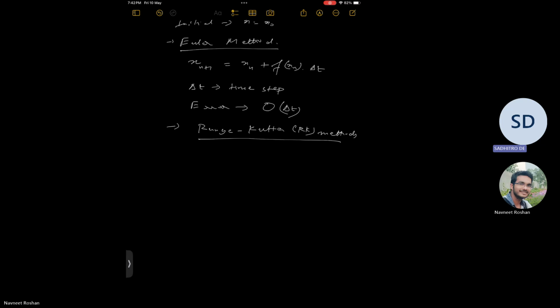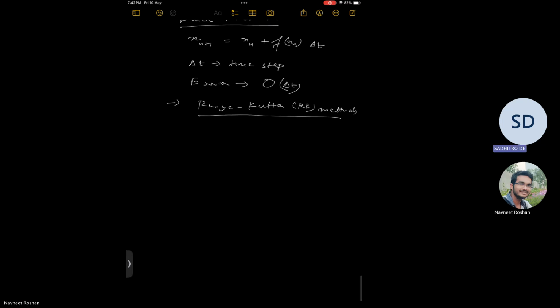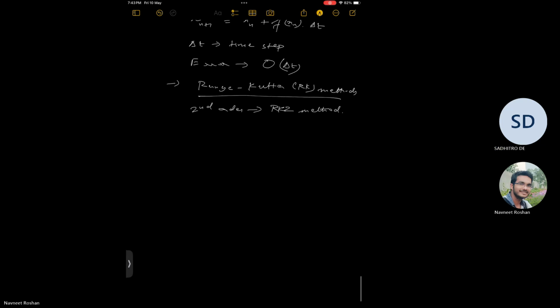So the simplest RK method is the second order method, which is commonly known as the RK2 method. So what does this do? Suppose the trajectory of your solution goes like that.